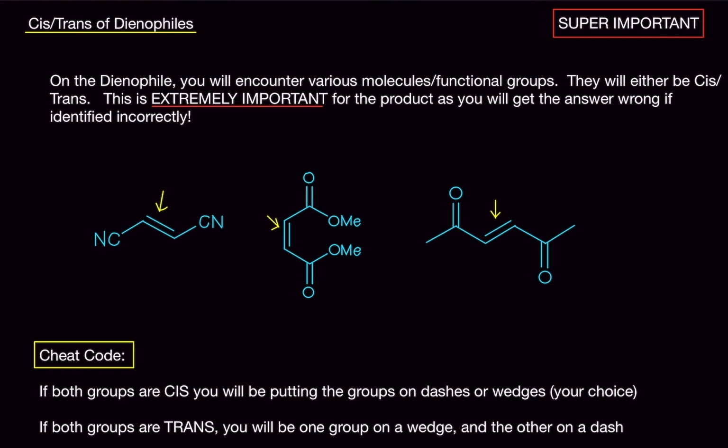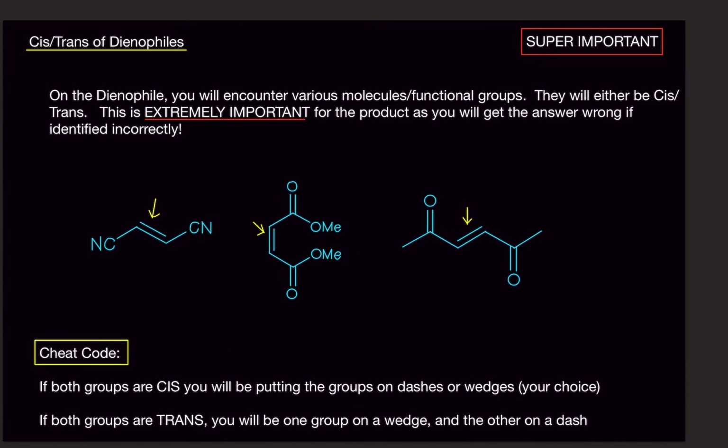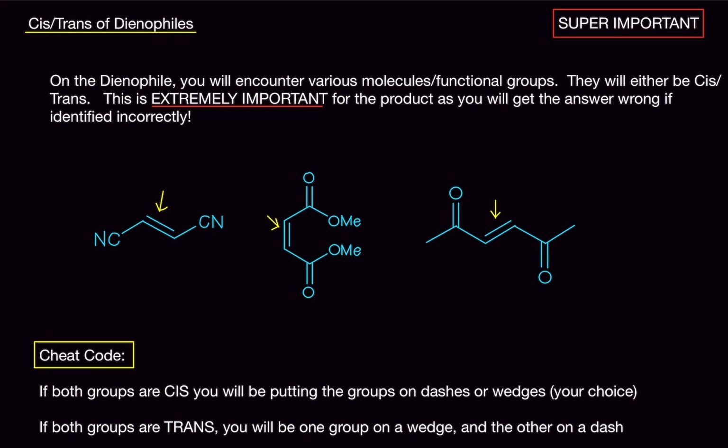If both groups are trans, you'll be putting one group on a wedge and the other one on a dash. It does not matter which one is on dash or which one is on wedge. It just needs to be one of them on a wedge, one of them on a dash on the final molecule. If you do not understand this, then you'll get the problem wrong. You must correctly identify if it's cis or trans, and hopefully you understand that.